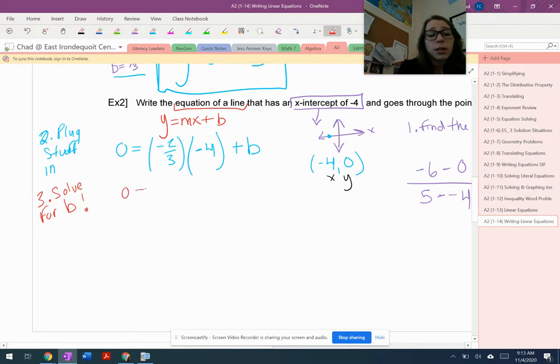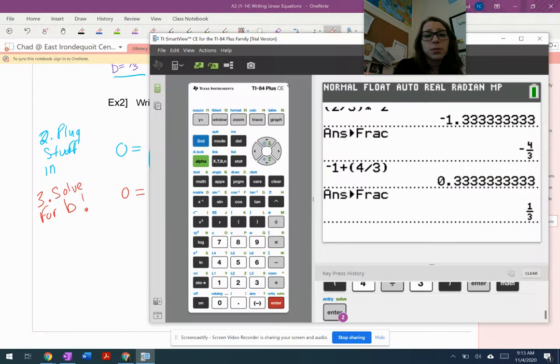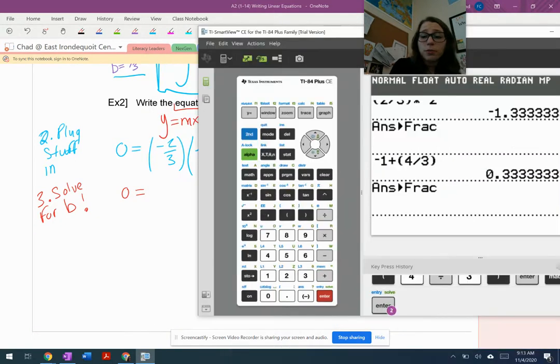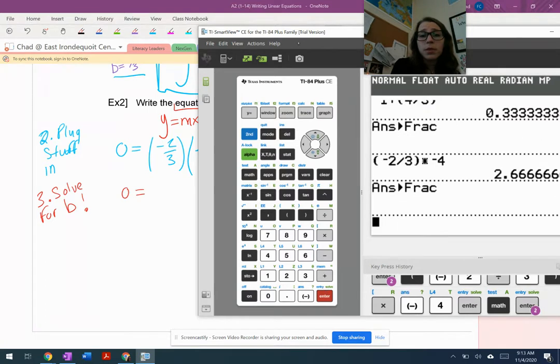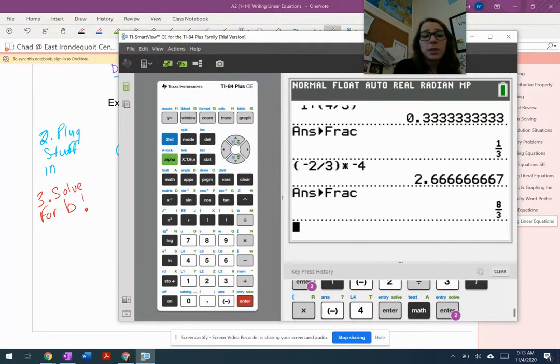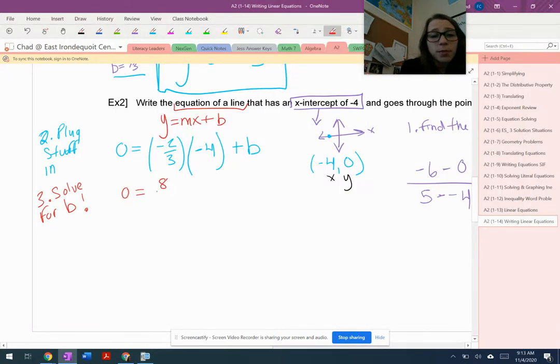So jumping to my calculator and doing -2/3 times -4, an ugly repeating decimal. When I math bracket, that gives me 8/3 plus b.